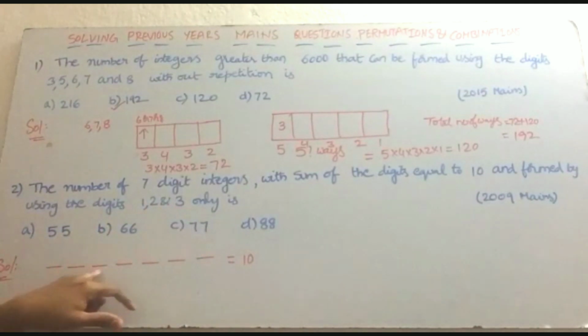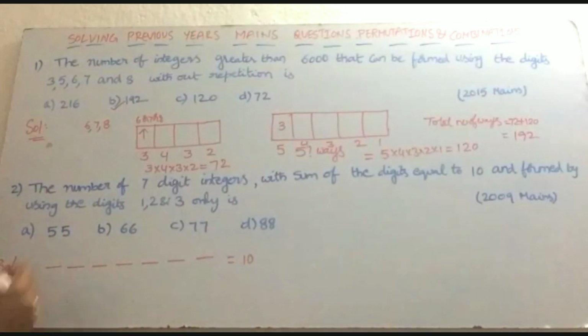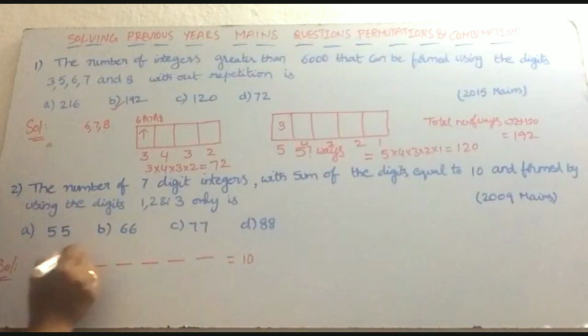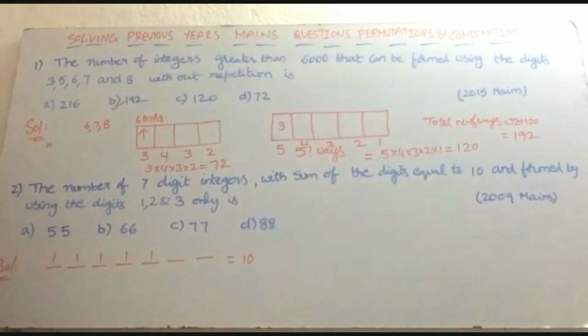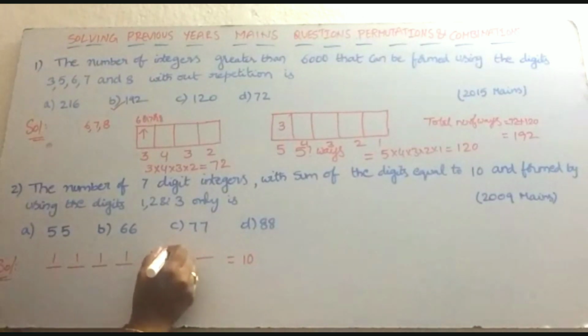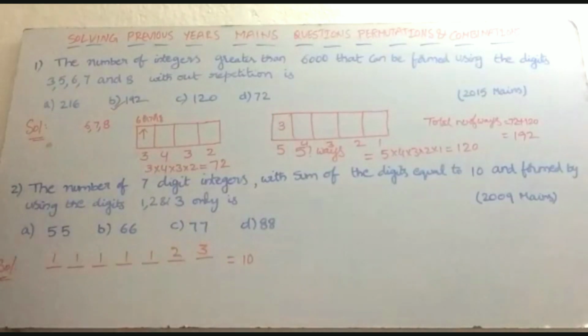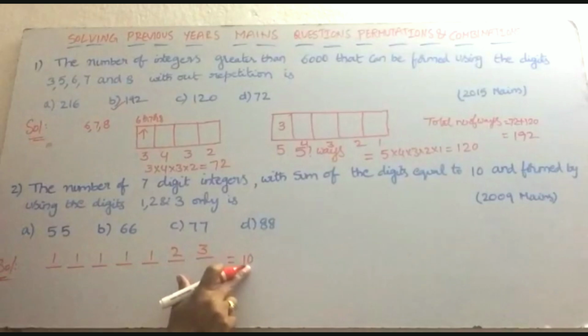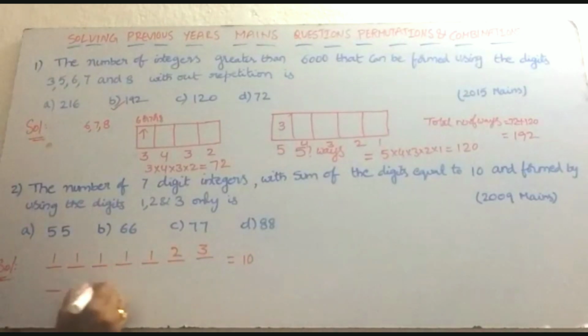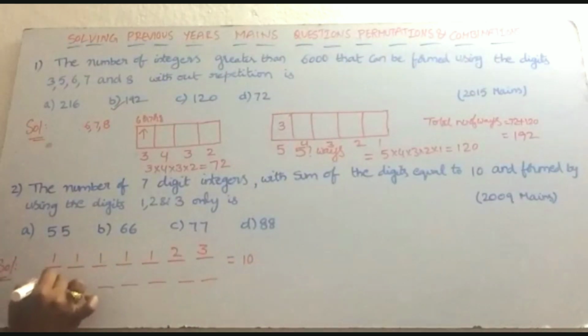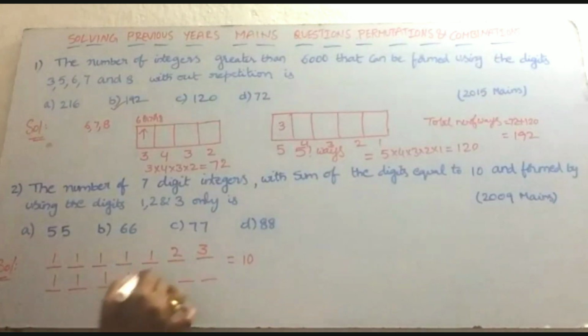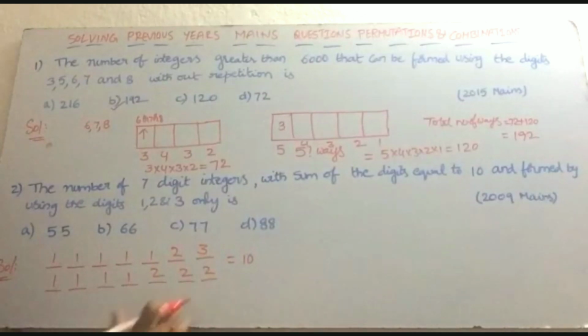The digits are 7 in number. First, I will write 1 five times, then 2, giving 7, and plus 3, giving 10. So the sum of these digits is 10. Another way: 4 ones and the remaining three 2s gives 4, 6, 10. Sum is also 10.